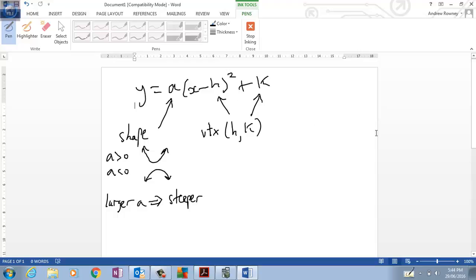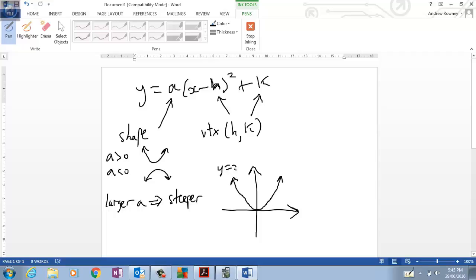Now, rather than learn this off by heart, we can see that this is really just a transformation. If you look at the graph of y equals x squared, it goes through 0, 0.